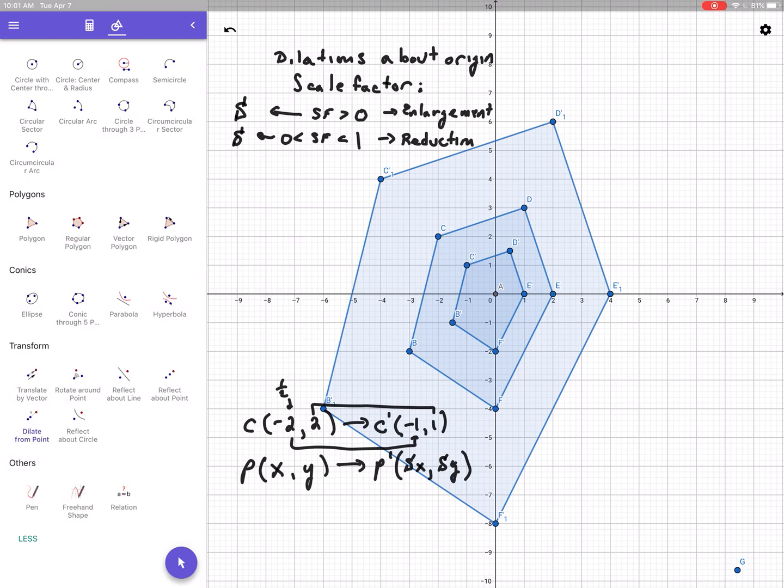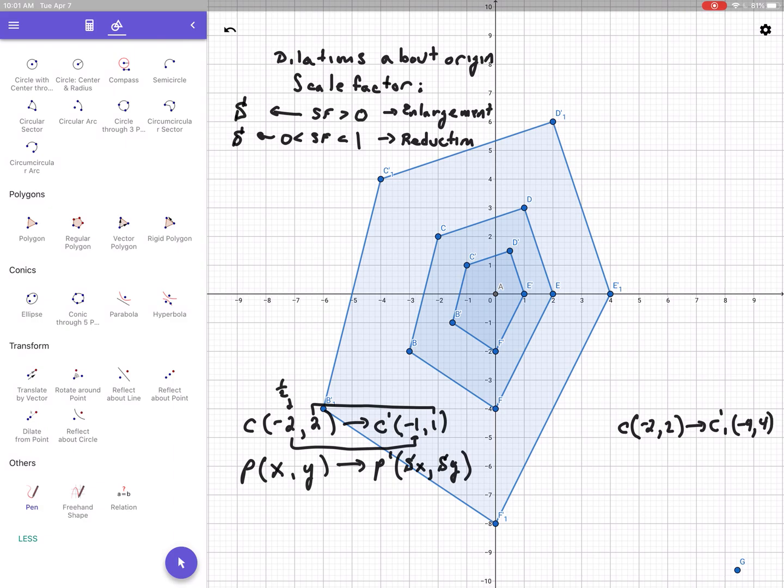Now, just so you can clearly see what we're getting at here, if you see C and C prime, if I look at C now, which was originally -2, 2, and then we look at C1 prime, that's at -4, 4.